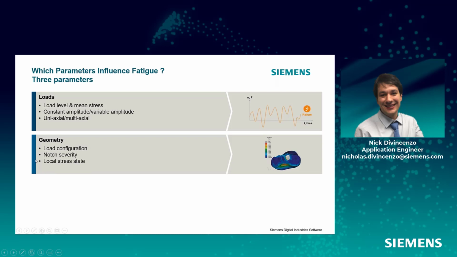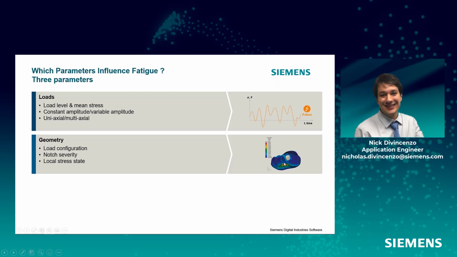The geometry also has a large impact on the fatigue life of a component, especially given things like the notch severity. How many cutouts does my geometry have? How many sharp corners does it have? How many locations can I introduce a stress concentration into my component?